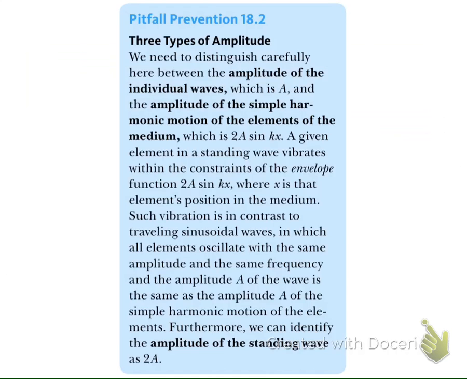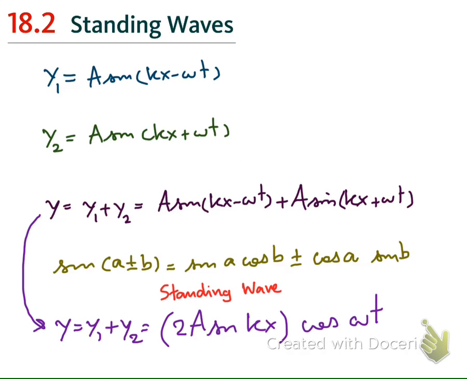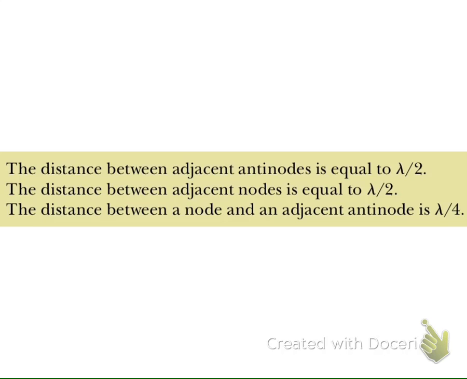So from this expression, we will have that the position of the node is at x equal to 0, x equal to lambda over 2, x equal to lambda, x equal to 3 lambda over 2, and so on.